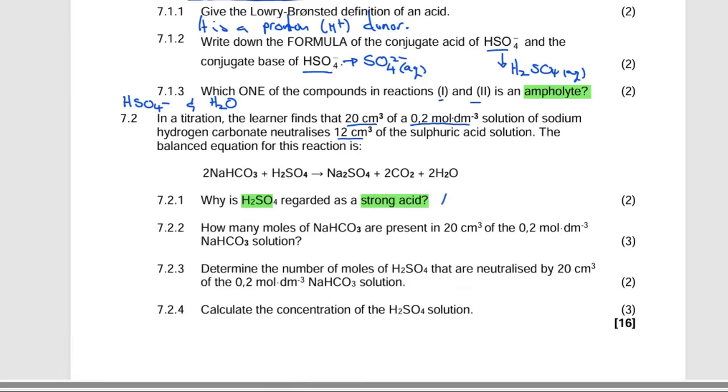So an acid ionizes completely in water to form a high concentration of H3O plus ions.